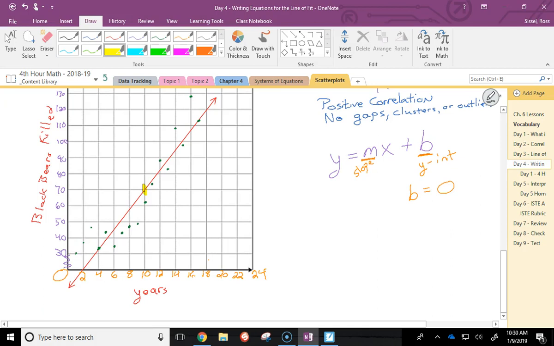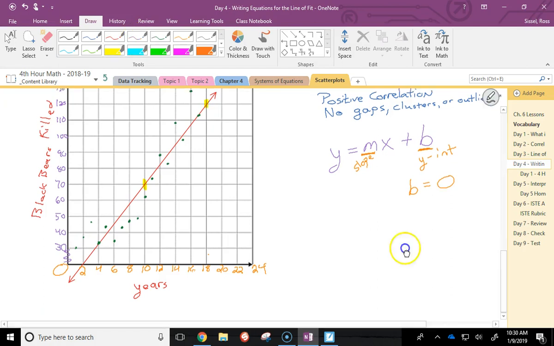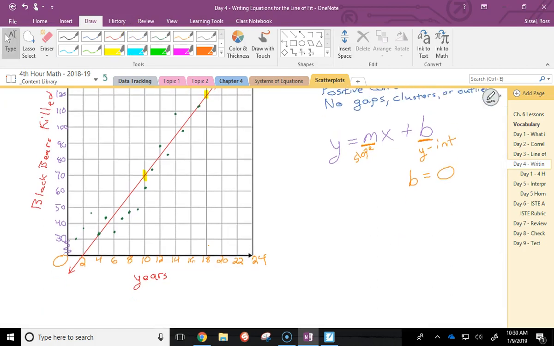So if you didn't hear, Sydney, don't break my rulers or bend them. Sydney just said, hey, can we use 130 because that was in our data, we know it, but it's not on our line that we drew. So I'm going to follow my line. I'm going to say this one's really close as well. So we're going to count that. We're going to write down our 2 points now. This first point right here is at (10, 70).